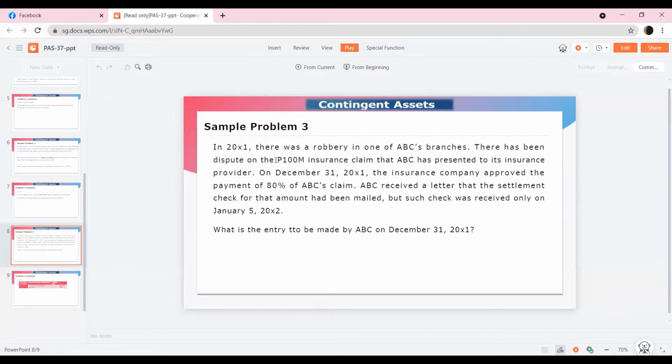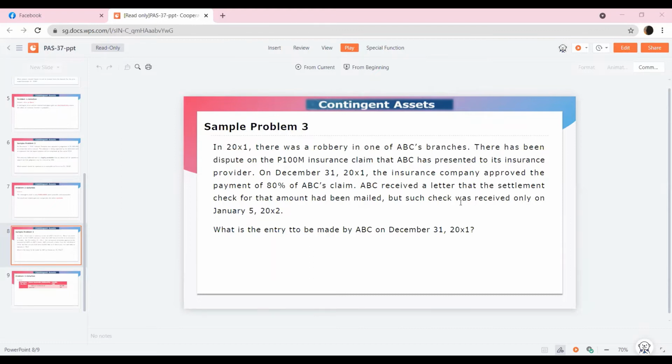In 20X1, there was a robbery in one of the ABC's branches. There has been dispute on the 100 million insurance claim that ABC has presented to its insurance provider. On December 31, 20X1, the insurance company approved the payment of 80% of ABC's claim.